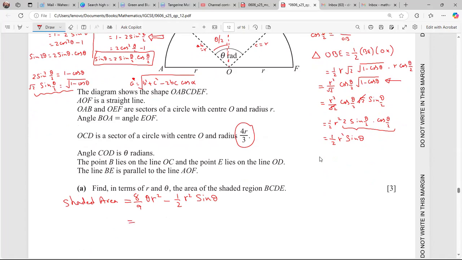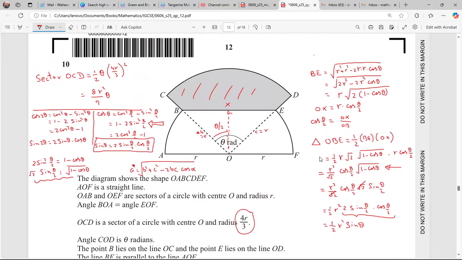If you want, we can simplify and take R square common outside. Inside is 8 theta by 9 minus 1 by 2 sine theta. So this will give you the area of the shaded region. It's pretty challenging, but it is interesting, I would say.